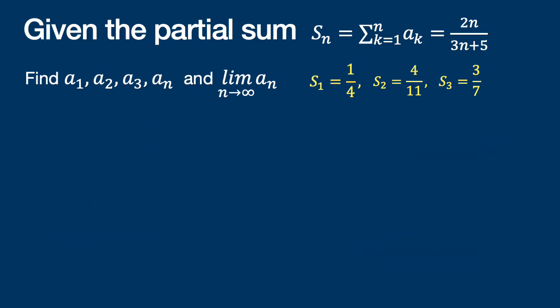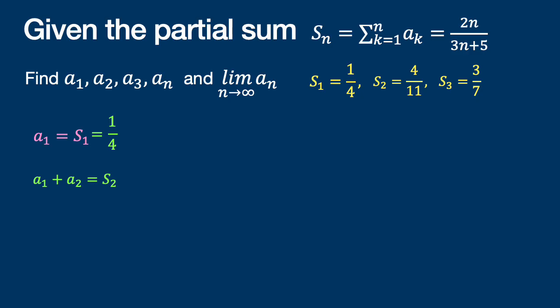Now, given the partial sum, we're going to find the sequence this time. How do we find the sequence? A1, A2, A3, and the general term a_n. In the previous slide, we found S1, S2, S3. Let's check it out, guys. S1 means A1, so A1 equals S1. That's 1/4. S2 means A1 plus A2.